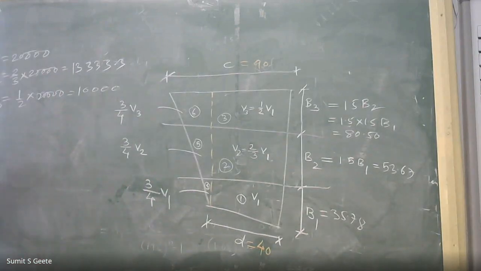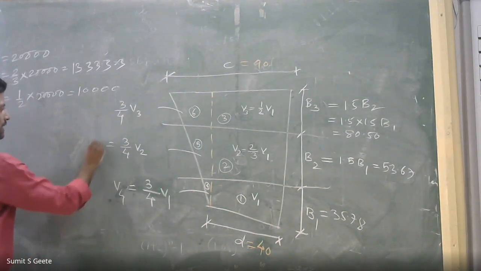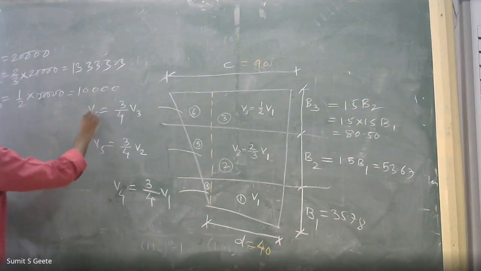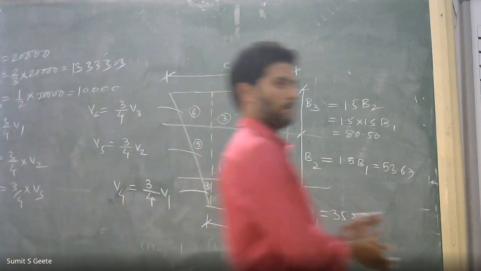Now say V4, V5, and this one is V6. So V4 is 3/4 of V1, V5 is 3/4 of V2, and V6 is 3/4 of V3.